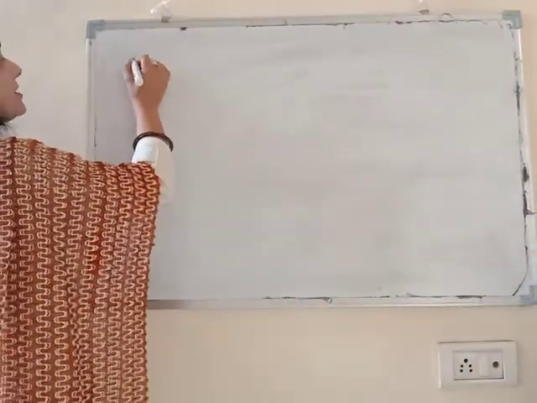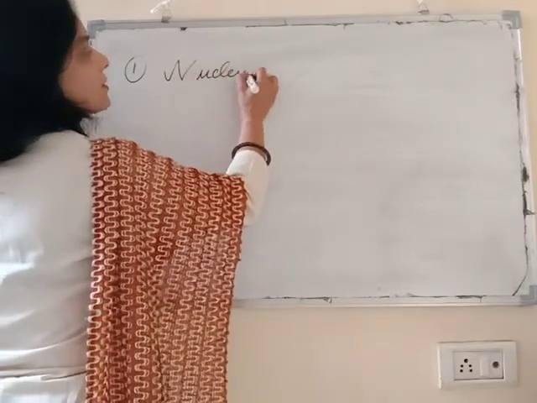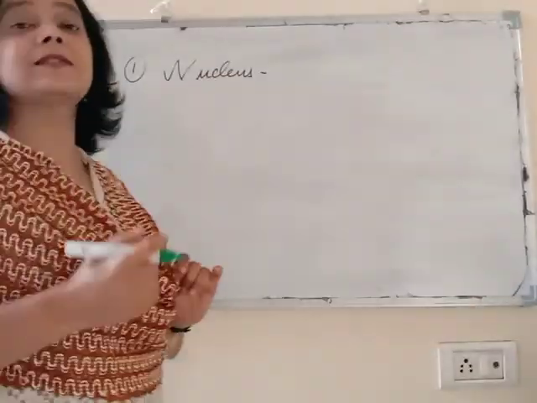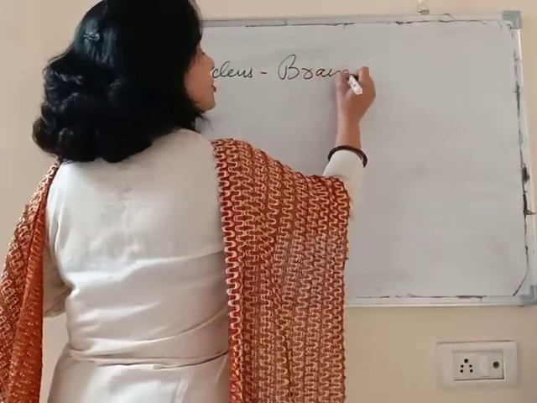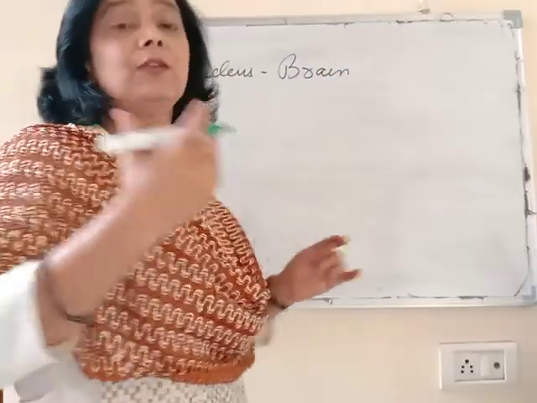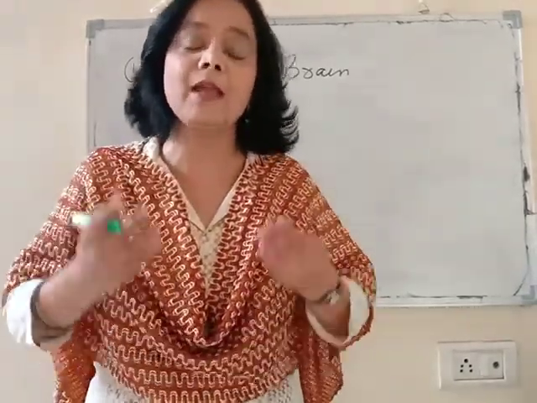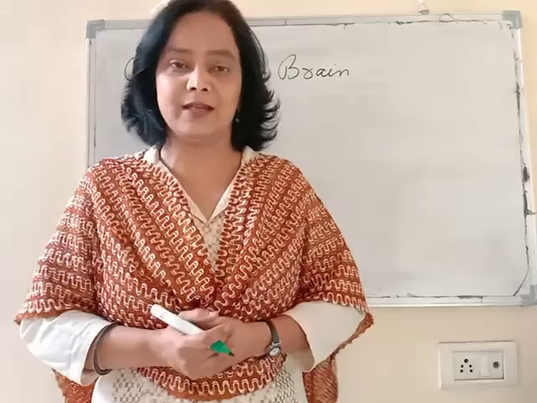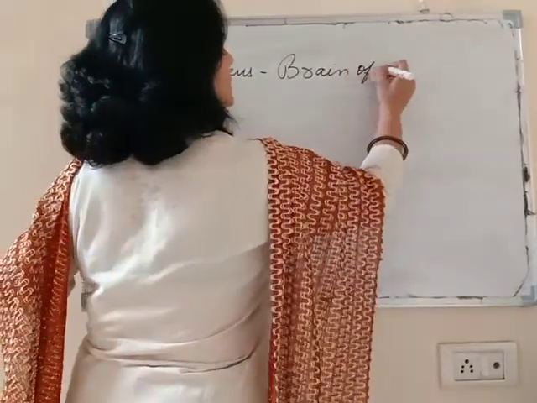For example, first let us take a very basic one called the nucleus. Nucleus is commonly called the brain of the cell. Just as our human brain has its function, the same function in a cell is taken up by the nucleus.